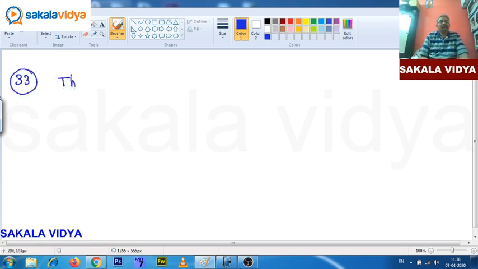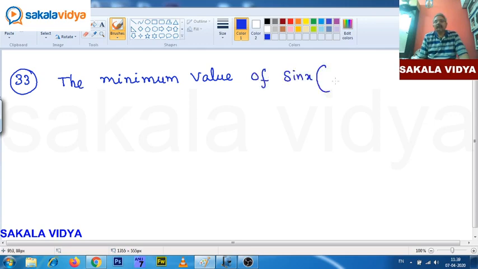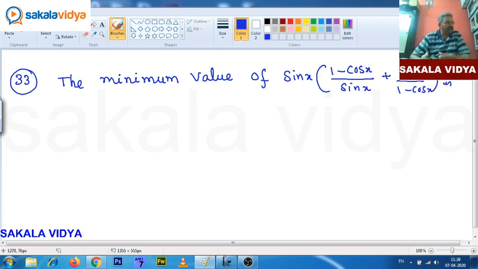The minimum value of sin x multiplied by (1 minus cos x) by sin x plus sin x by (1 minus cos x) is... Is this question visible?